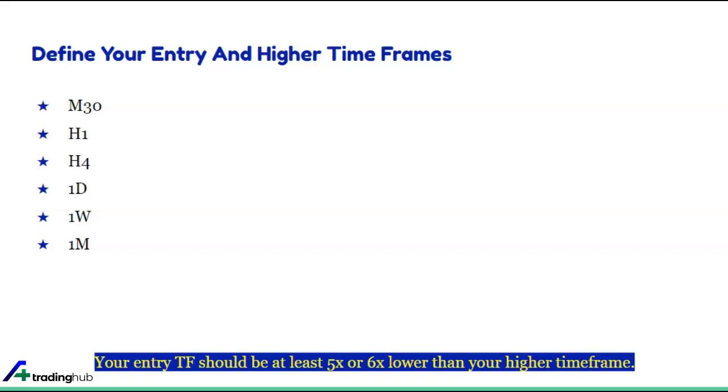If the 1 hour chart is your entry time frame, then the 8 hour chart should be your higher time frame. If the daily chart is your entry time frame, your higher time frame should be the weekly time frame. Let's say you are a scalper. If the 15-minute time frame is your entry time frame, then your higher time frame should be 75 minutes, or maybe the 2 hour time frame.